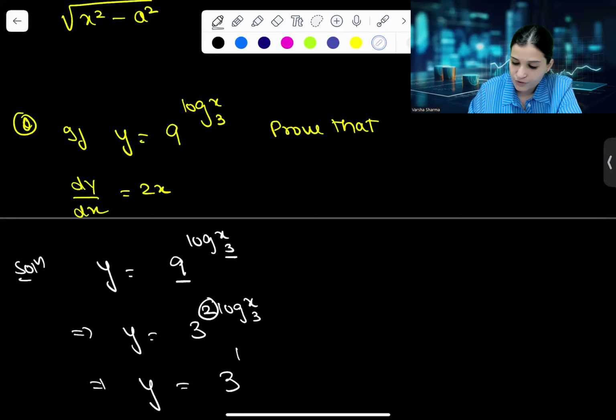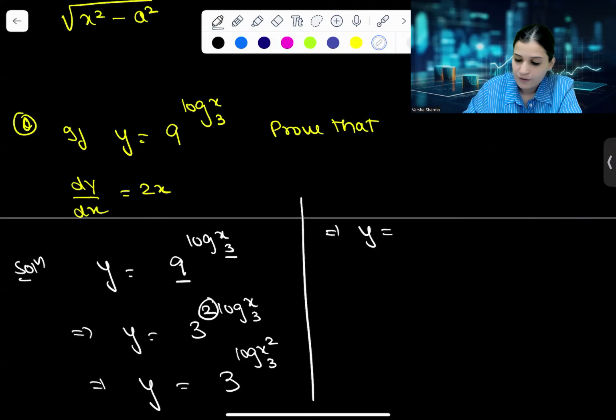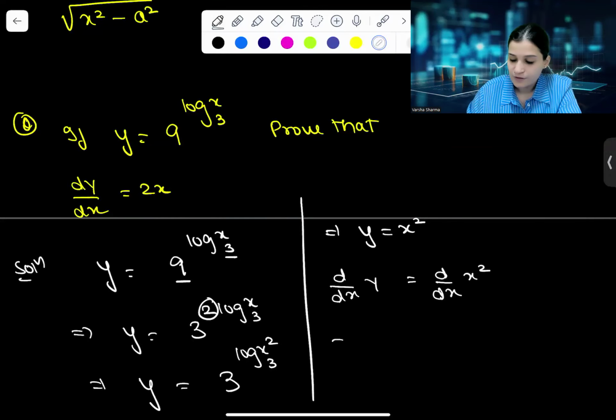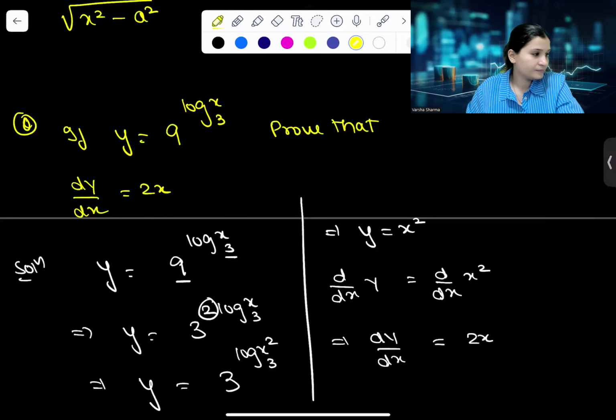So this 2 goes in the power. Now 3 and log 3 cancel. y is x square. Now we can differentiate on both sides. dy by dx will be 2x. Yes, ma'am. Clear?